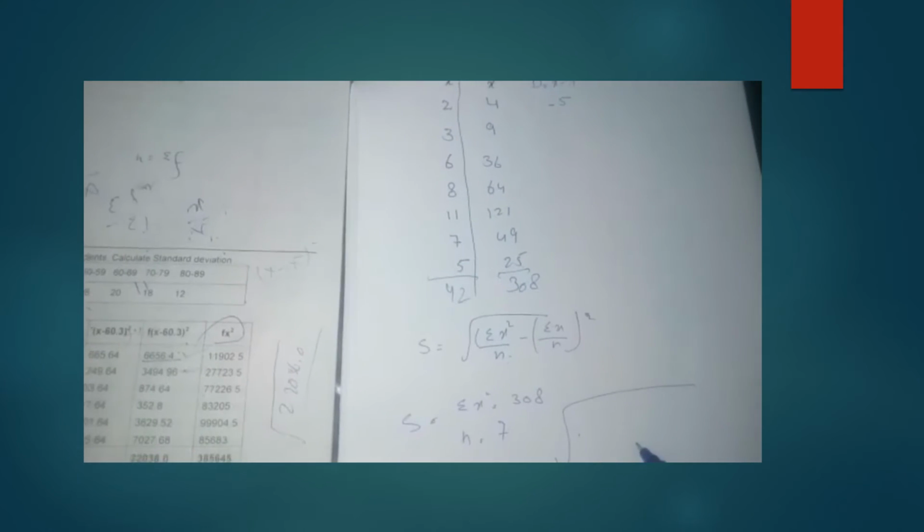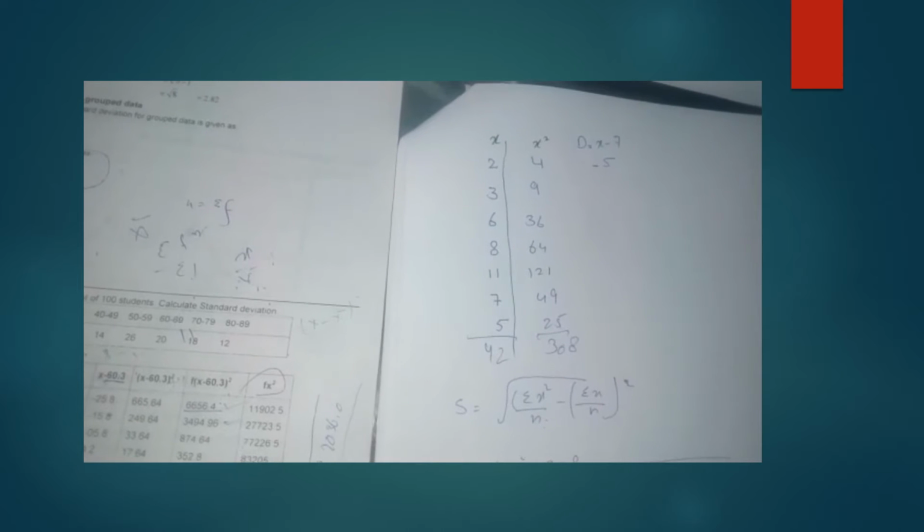308, and n is 7. The next step is summation x, which is 42. So summation x square is 308 divided by 7, and 42 divided by 7.